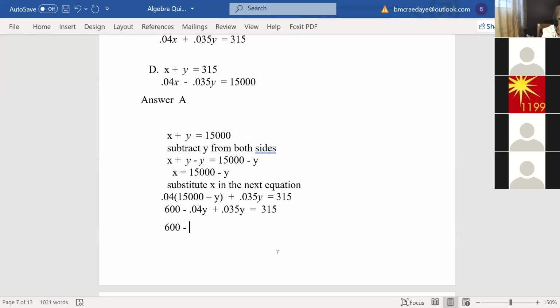A minus 0.04 and a plus 0.035, you're going to subtract. What would that give you? 0.04 minus 0.035, what do you get? 0.005. That's right, 0.005. So that's a minus 0.005y, and that's equal to 315.